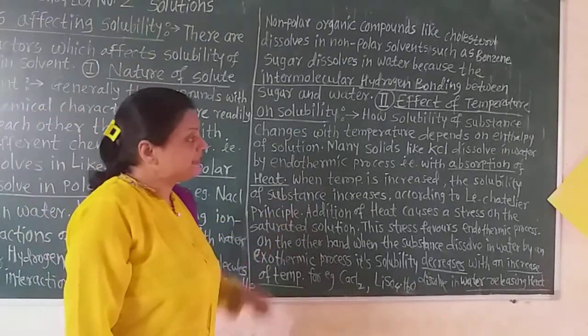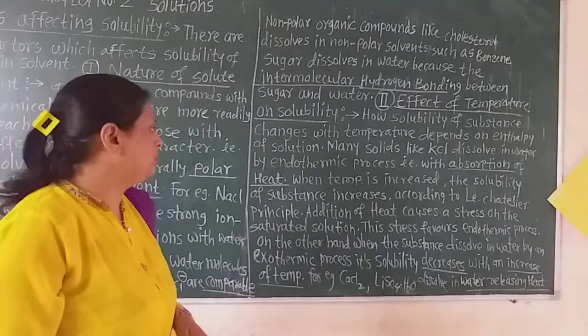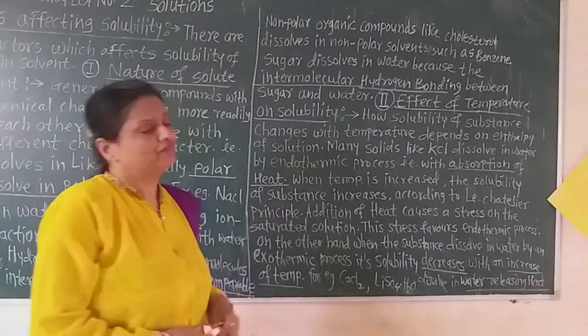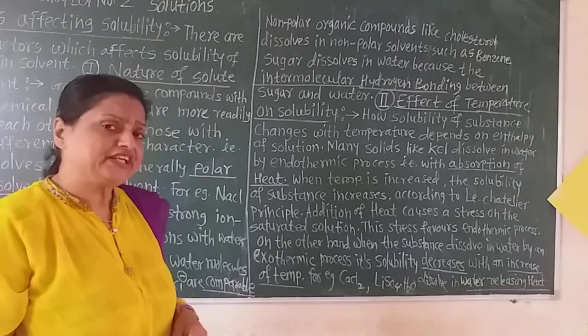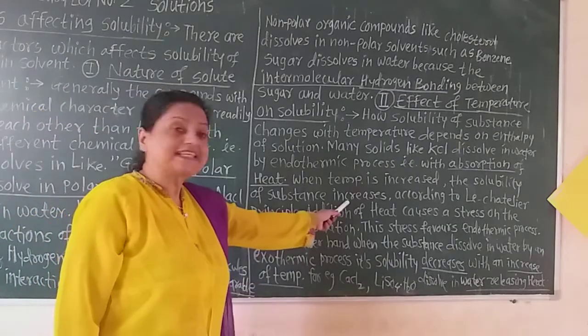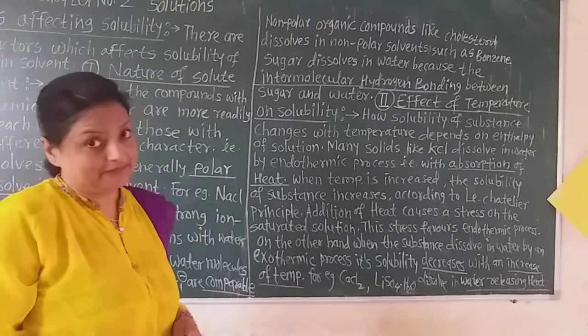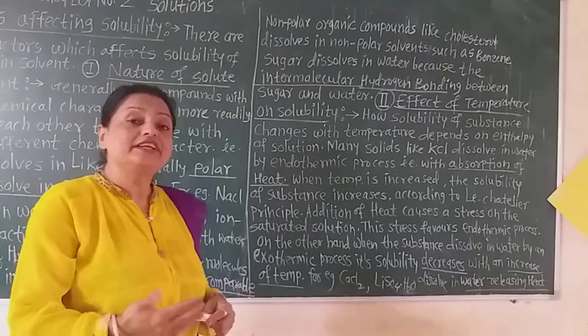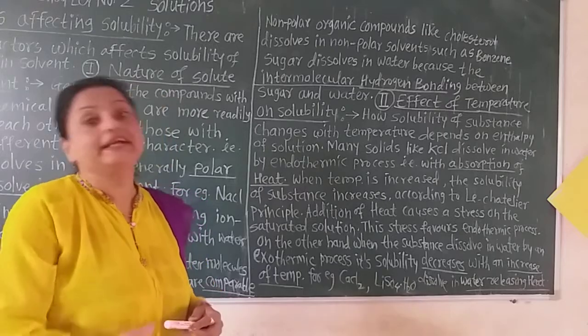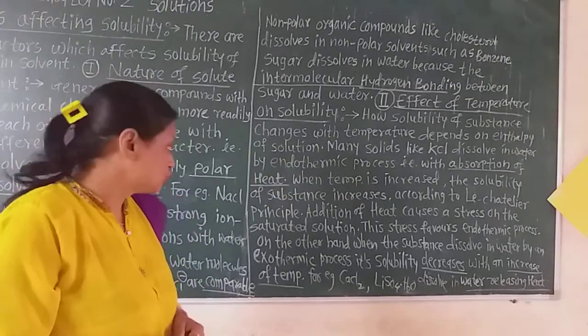When temperature is increased, the solubility of the substances increases. We know that as temperature increases, solubility increases according to Le Chatelier's principle, because as the temperature increases, more and more of the solute gets dissolved in the solution.